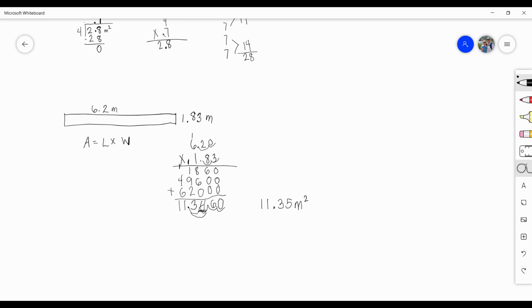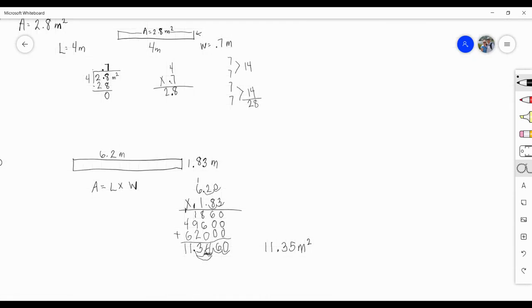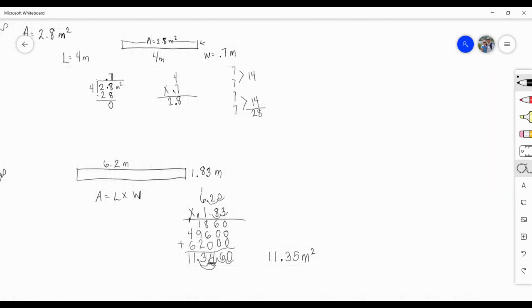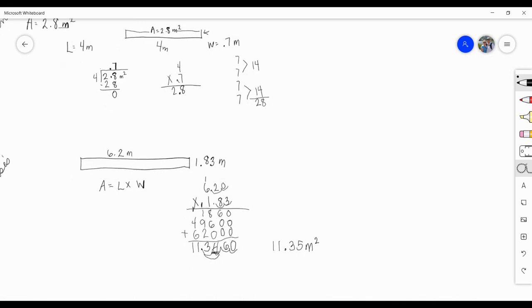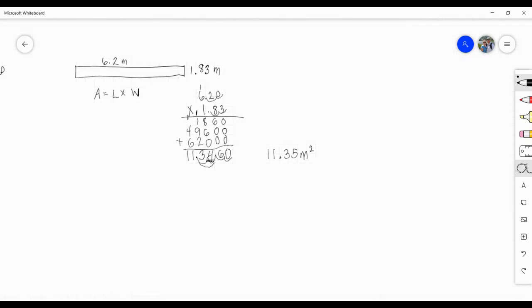The last part is to find out how much larger Chase's garden is than John's. So we are going to take our 11 and 35 hundredths and the area for John's, which was 2 and 8/10 meters squared, and we're going to subtract.